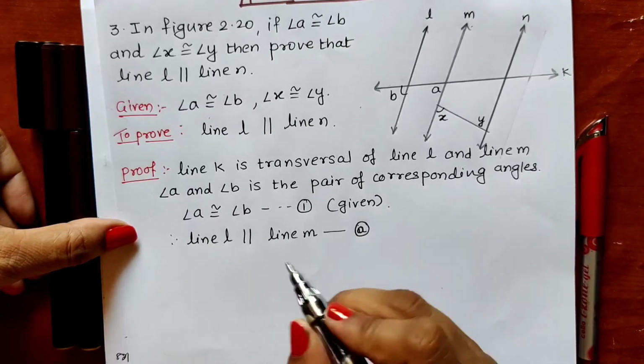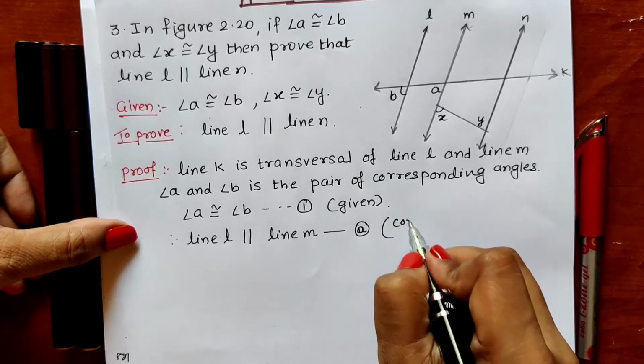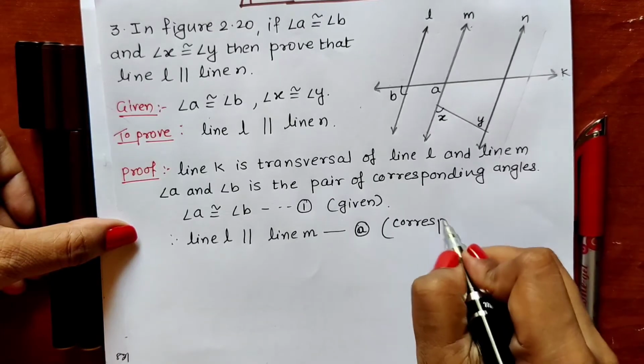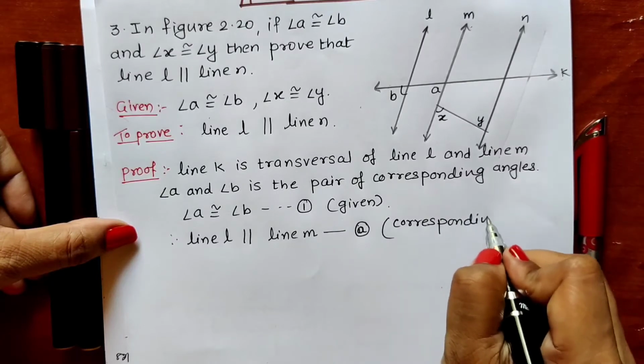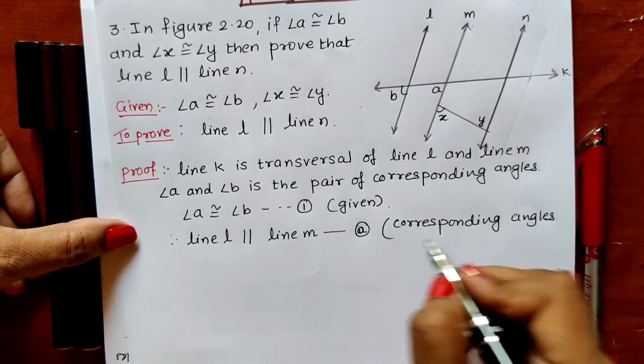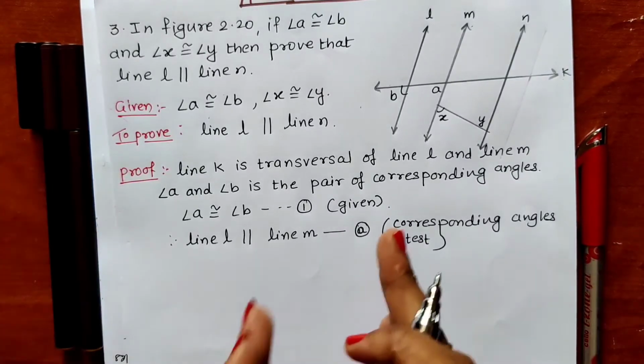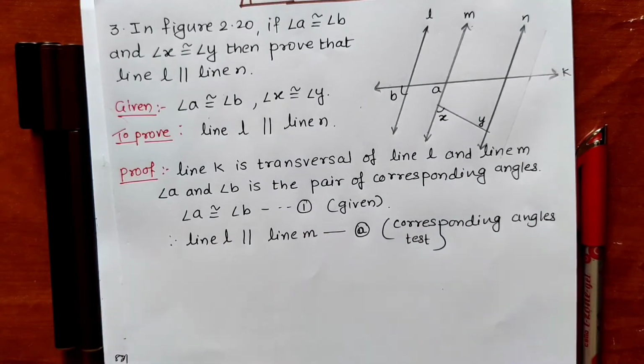What should be the reason? Corresponding angles test. The reason we always write inside the bracket, or we can make two parts, statement and reason.